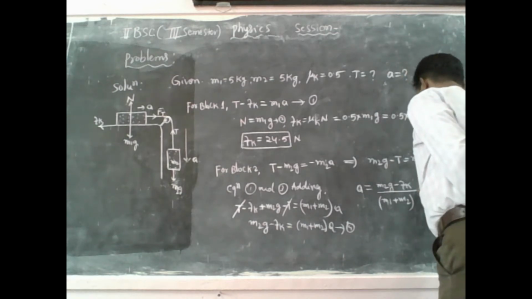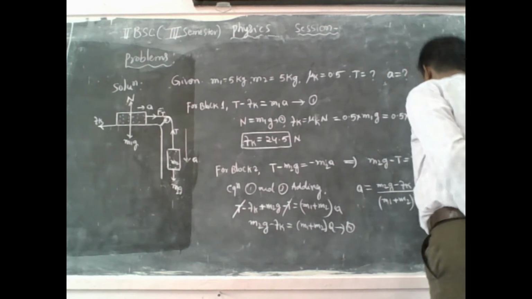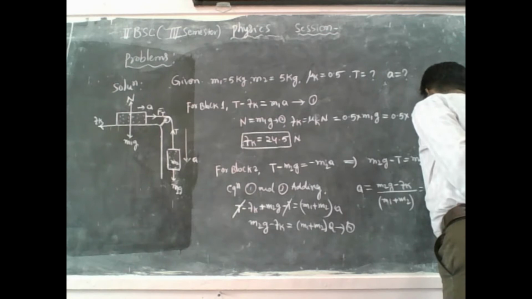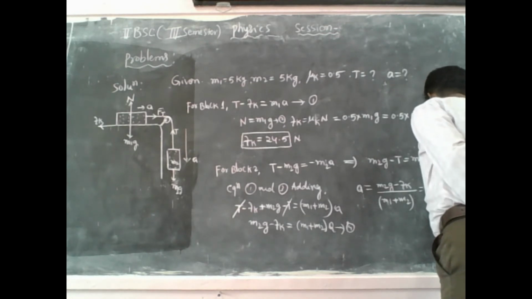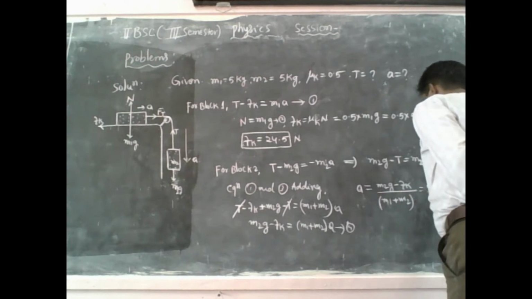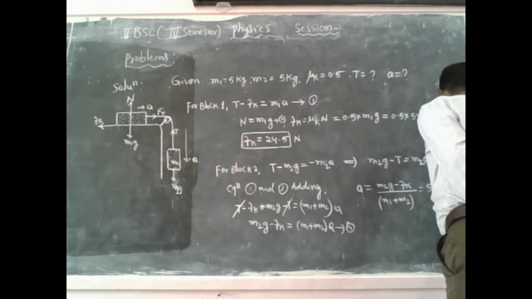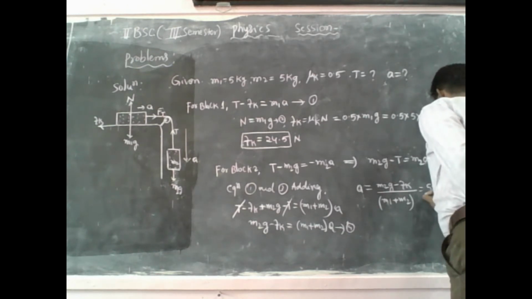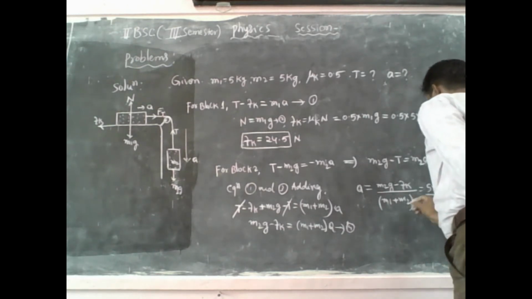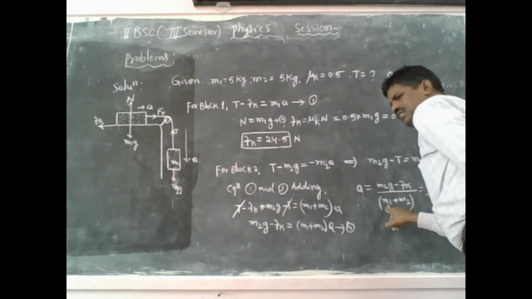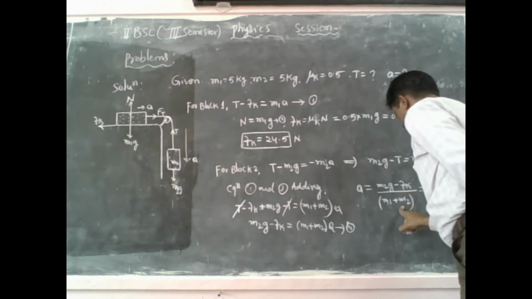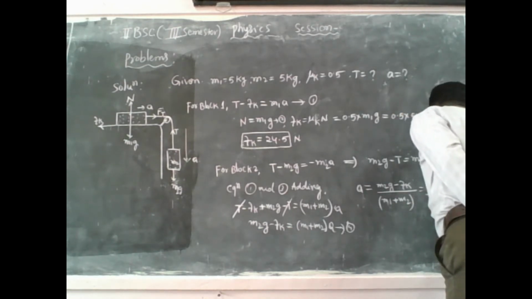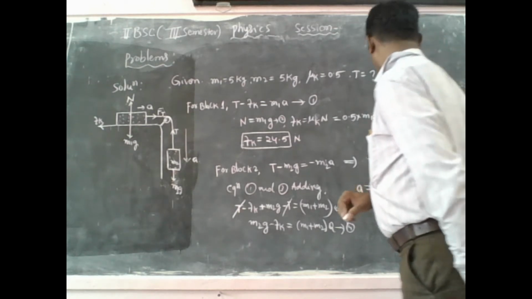m1 plus m2, where m2 is equal to 5 kg and g is equal to 9.8, isn't it? Minus fk, which is 24.5, divided by 10. m1 is equal to 5 and m2 is equal to 5, therefore the total mass is 10 kg.